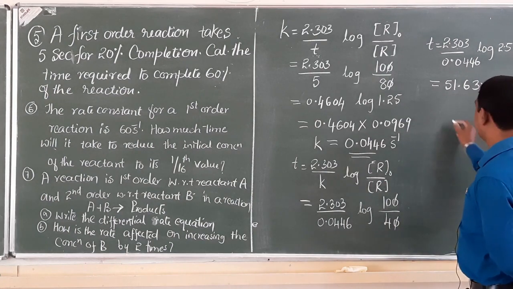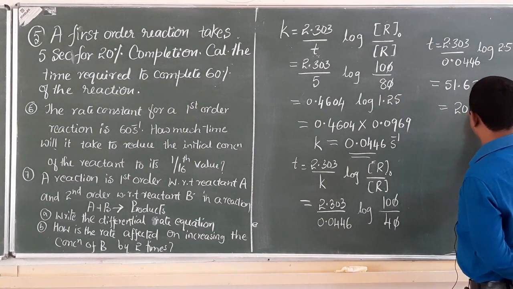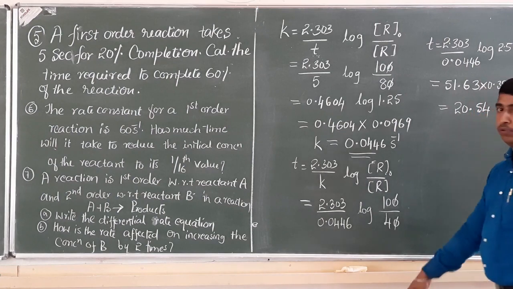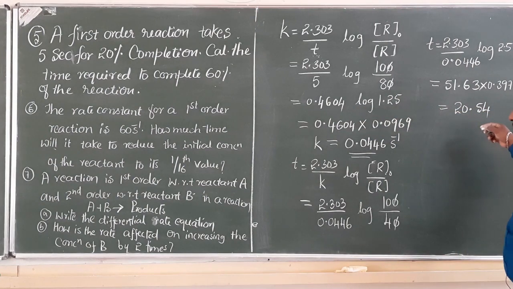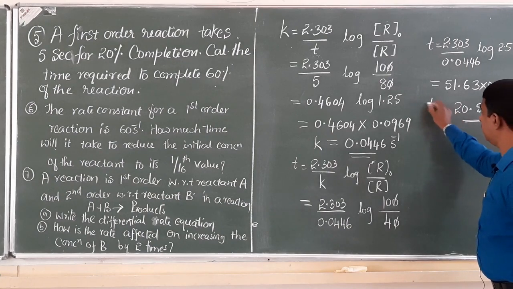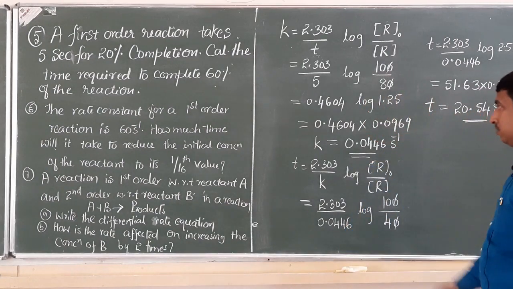On multiplying we get 20.54. What is the unit of time? Time is given in terms of seconds, so the answer is in seconds. So T is equal to 20.54 seconds.